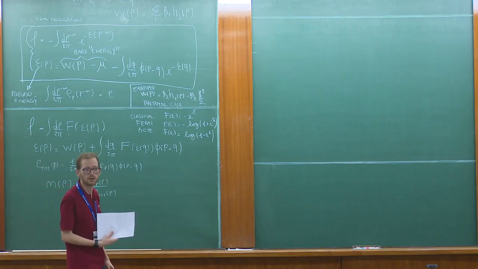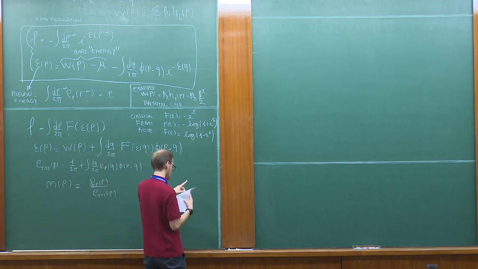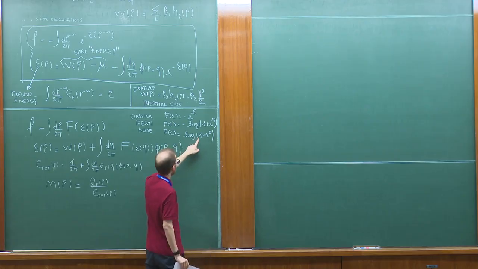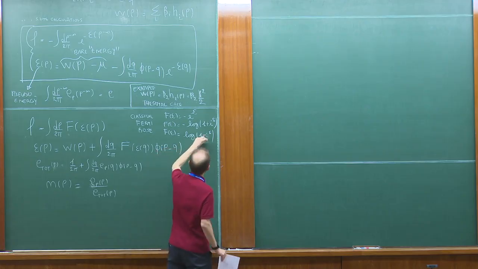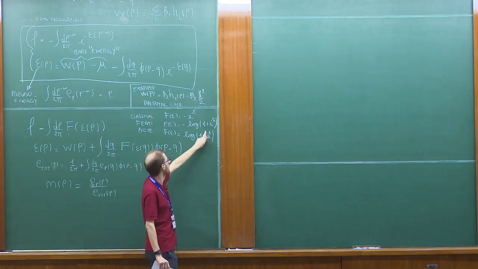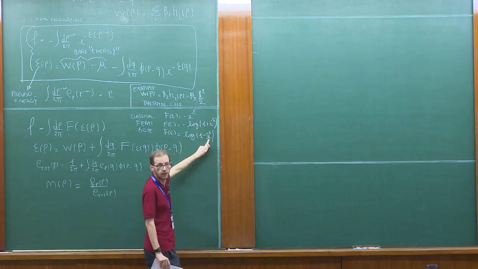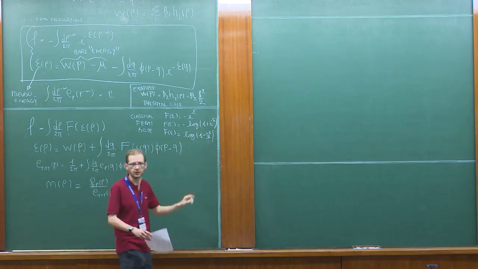Which one? The Bose? Let me see. I copied, yes. Yeah, it is log of 1 minus exponential of minus epsilon. This is exponential, e to the minus epsilon. Yeah, there was a mistake, sorry.